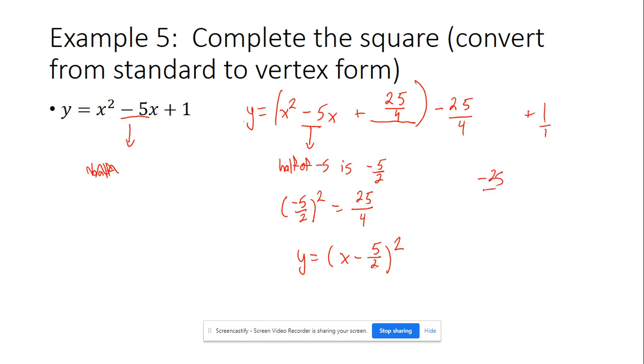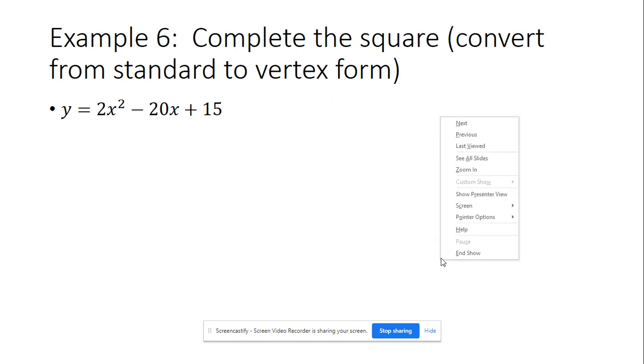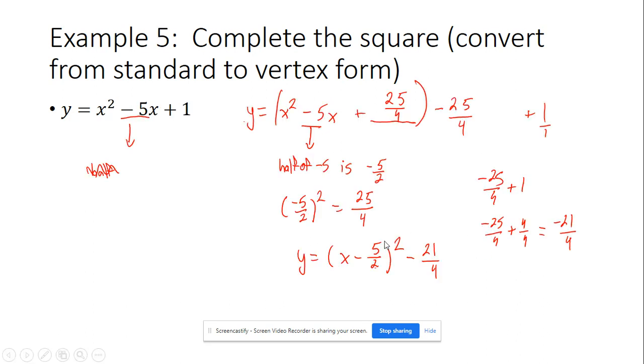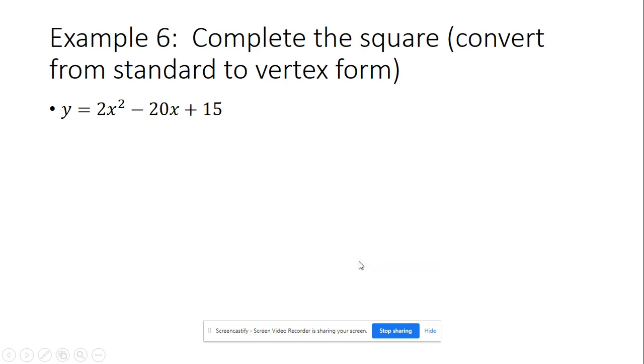Negative 25 over 4 plus 4 over 4 is negative 21 over 4. So here's an example of how we've taken it from standard form and converted it into vertex form. It gets a little bit harder with the fractions, but really it's the same process.